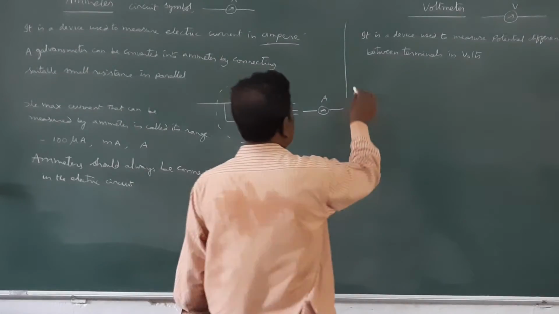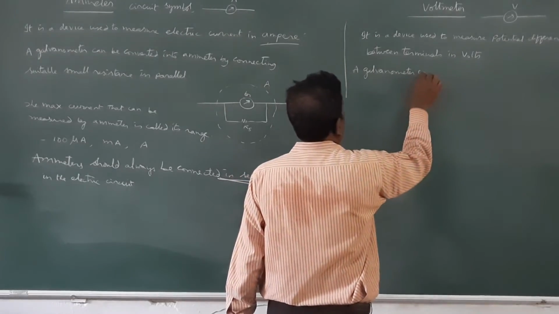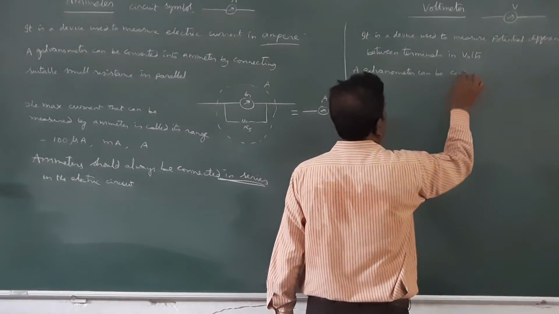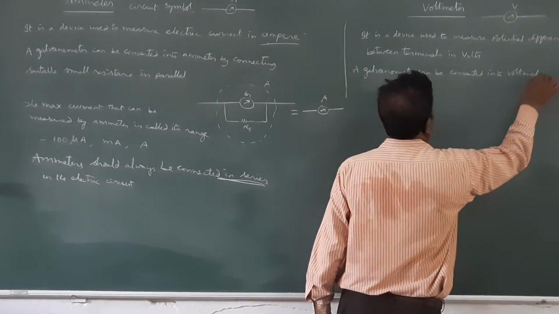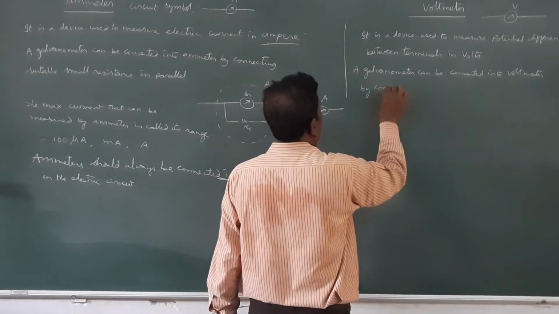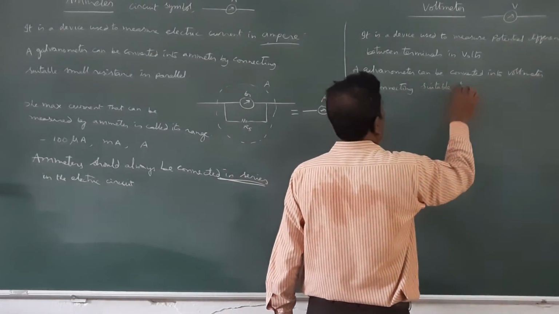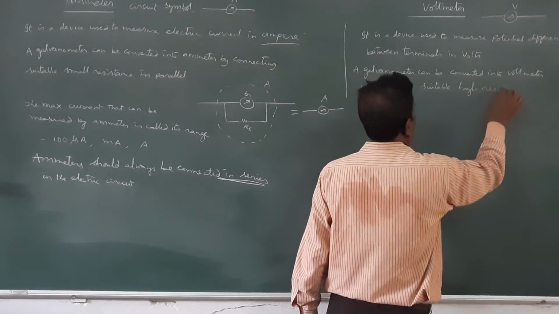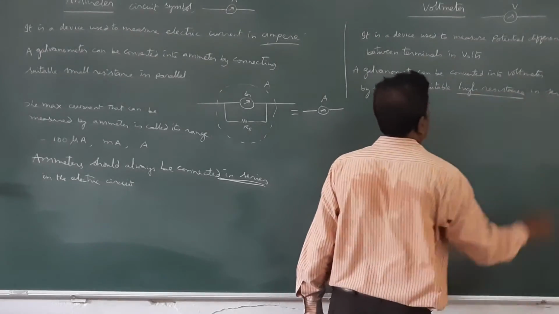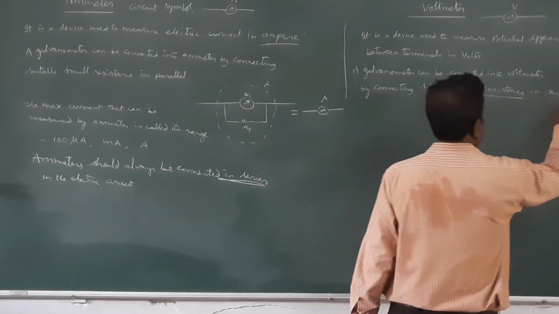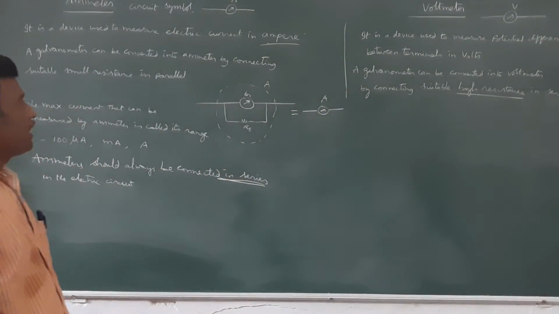Now, a galvanometer can be converted into a voltmeter by connecting a suitable high resistance in series with it.